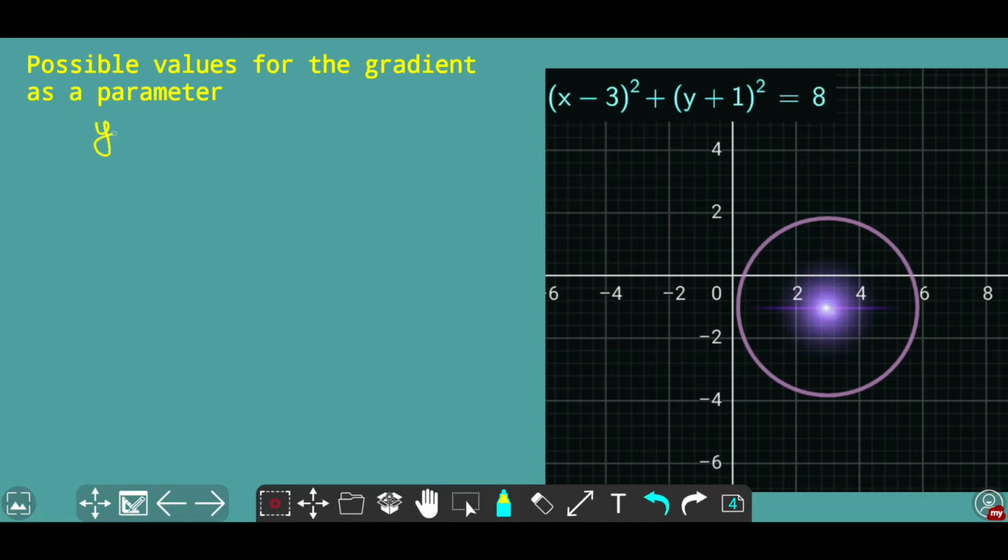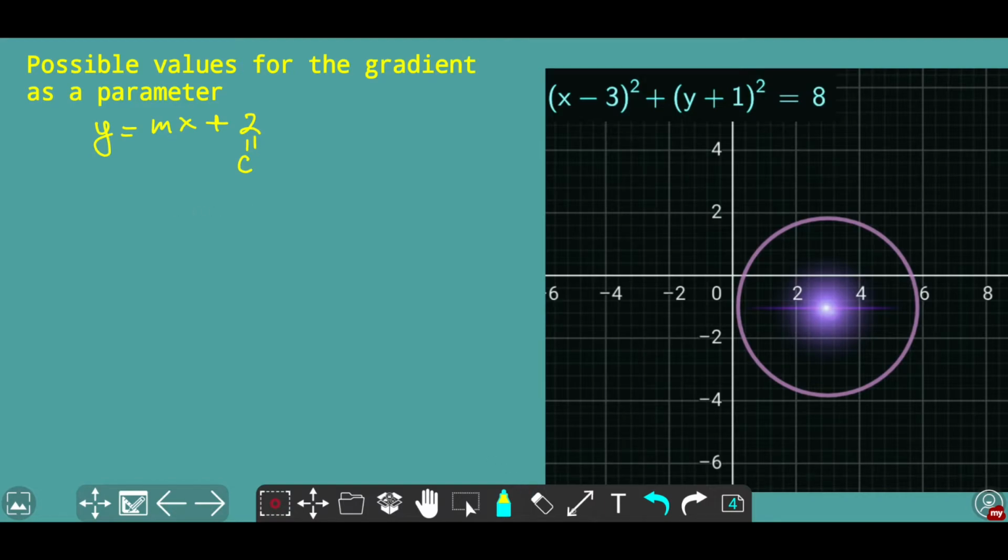So in other words, we can say that we have y equals mx plus c, and c should be given, for example 2. Okay, so let's say we have c fixed, in this case it's 2, and now we're going to play with m as a parameter.